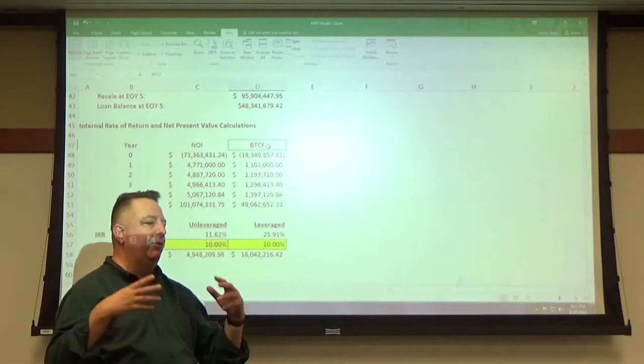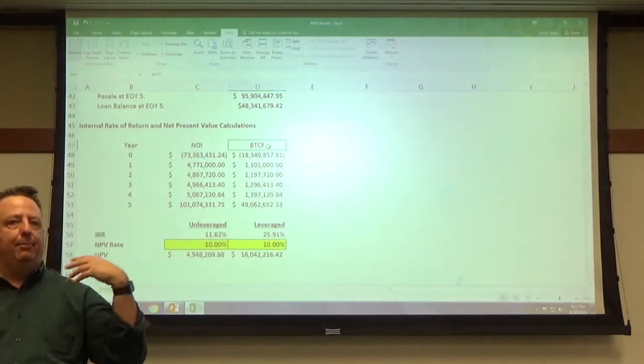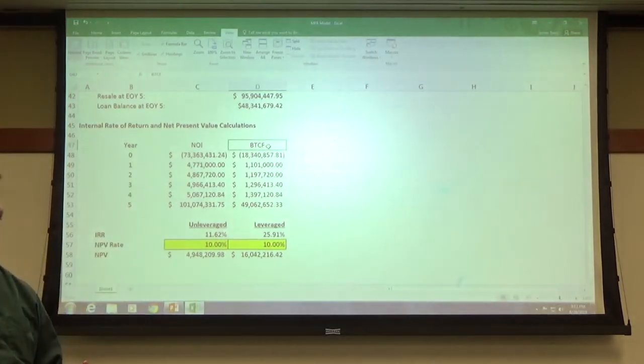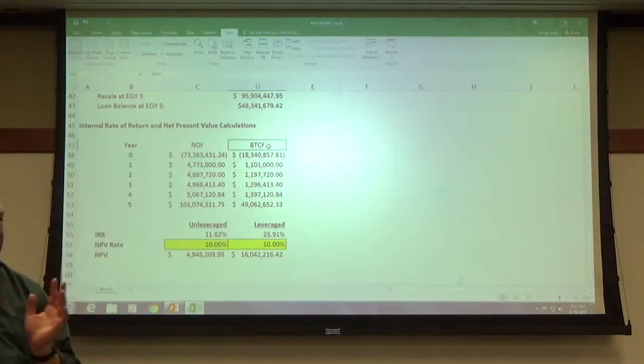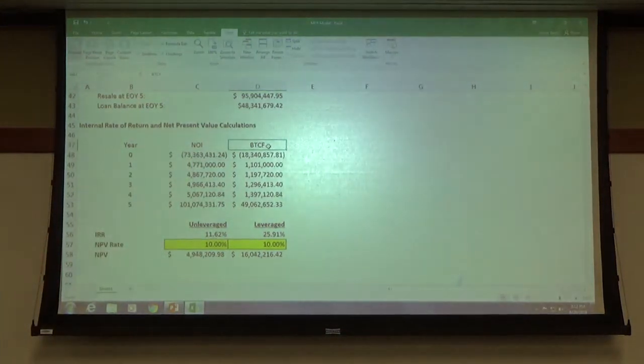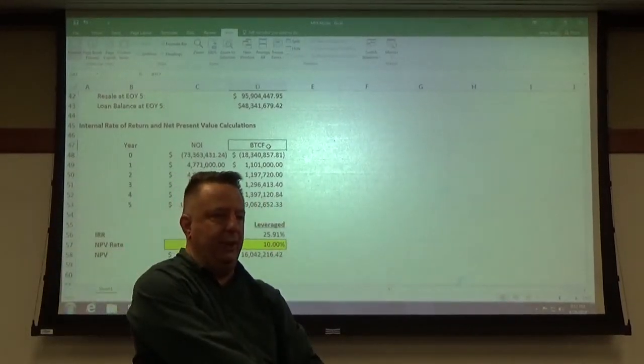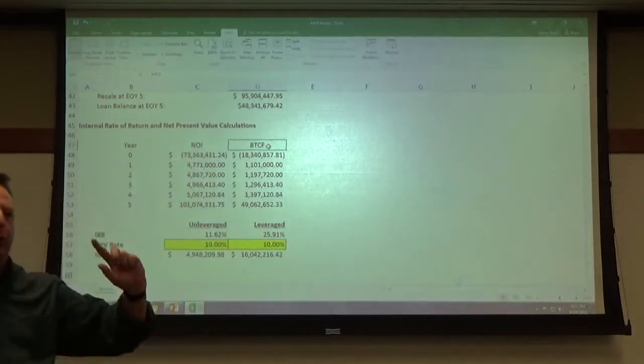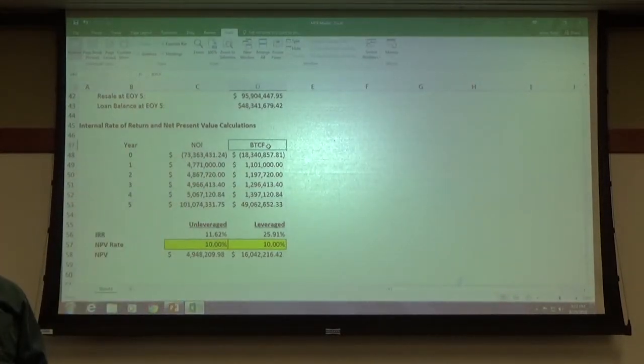Because of the benefit of positive financial leverage, which means you're borrowing money at a lower cost than the project is yielding, you are able to magnify your rate of return.